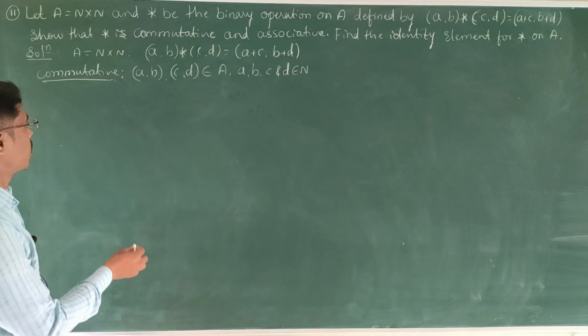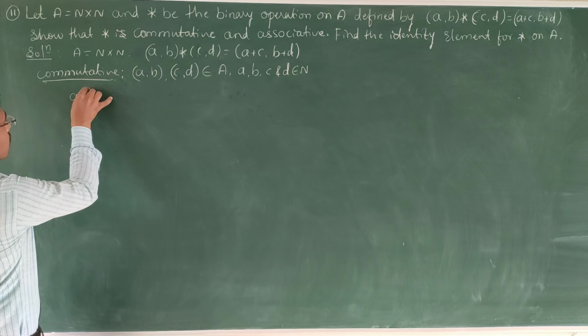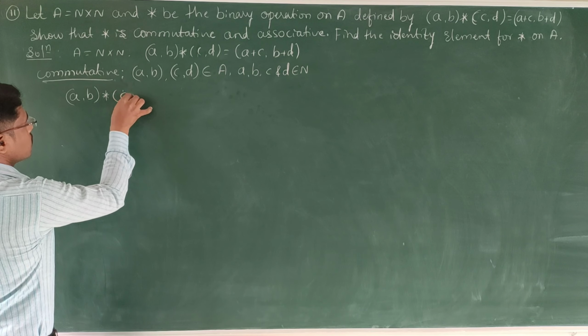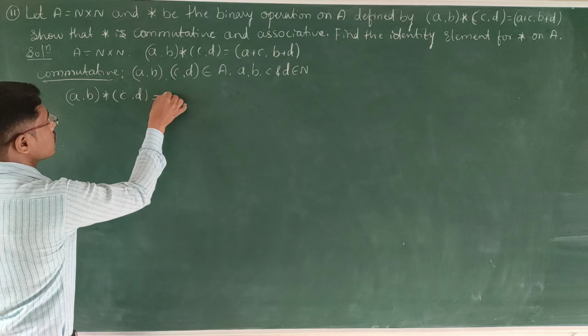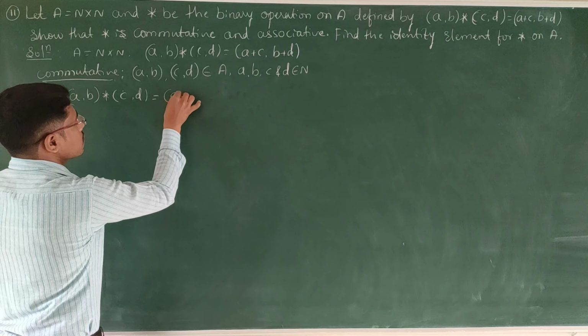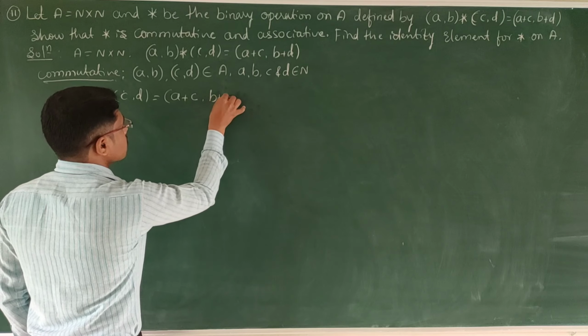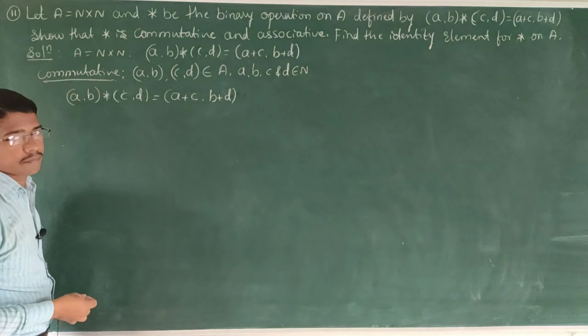Okay, so commutativity: (a, b) star (c, d) is defined as (a plus c, b plus d), right?